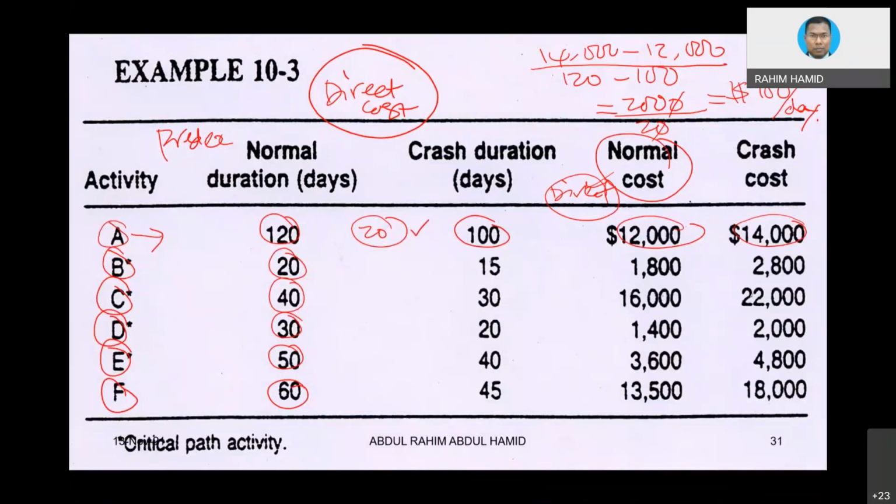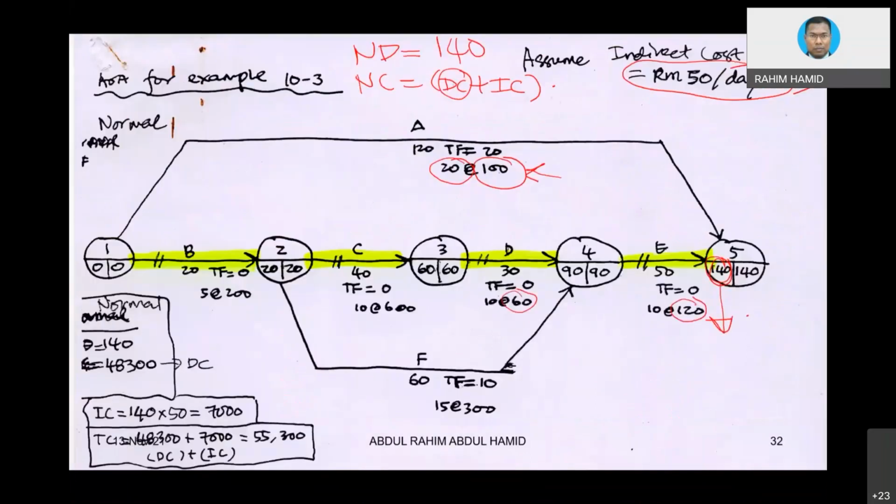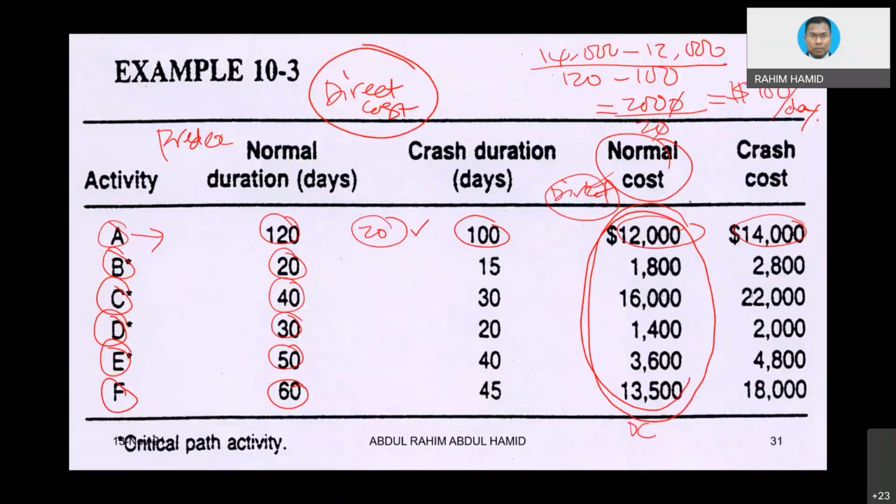If we add all these costs, the normal direct cost, DC, is equivalent to 48,300. So this is what we call the direct cost.